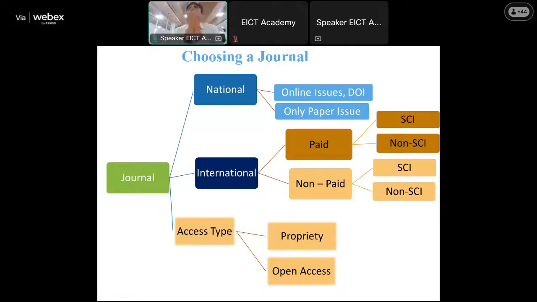I believe that is your question. That is the journal's headache, whether that particular journal is in SCI or not. For that there are some parameters that are defined: that the journal should be this many years old, should have this many citations, this much impact factor.